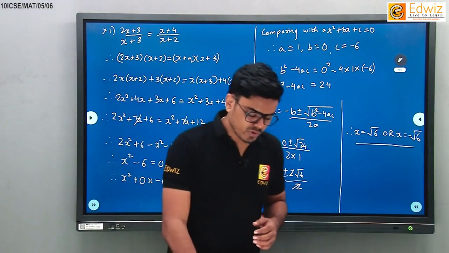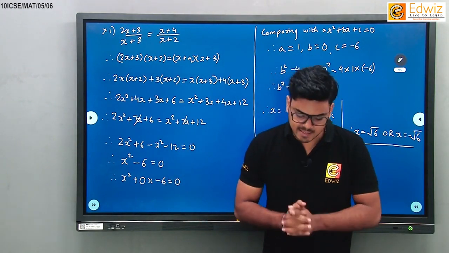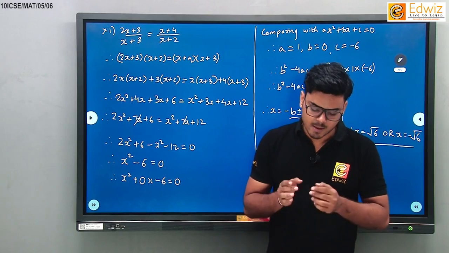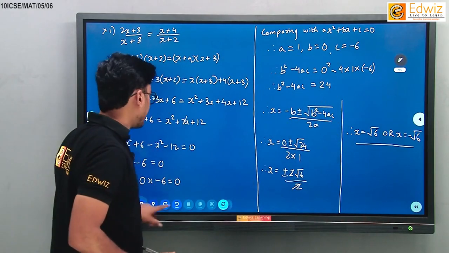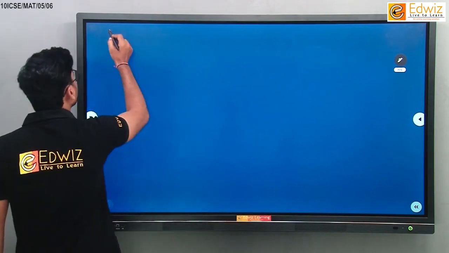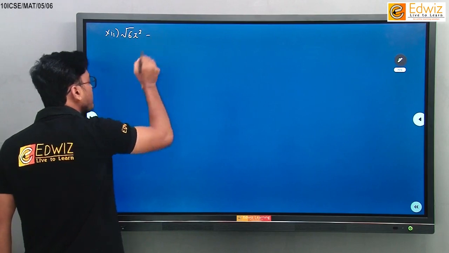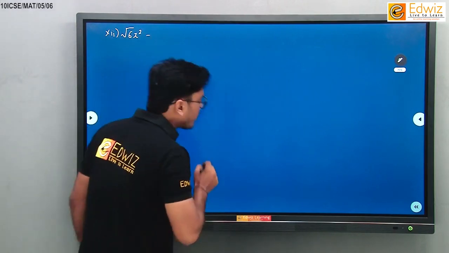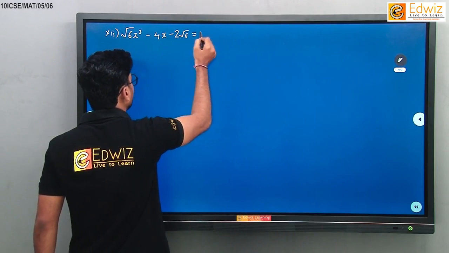Okay students, moving on to the next question. Question number 12. Root 6x square minus 4x minus 2 root 6 equal to 0.